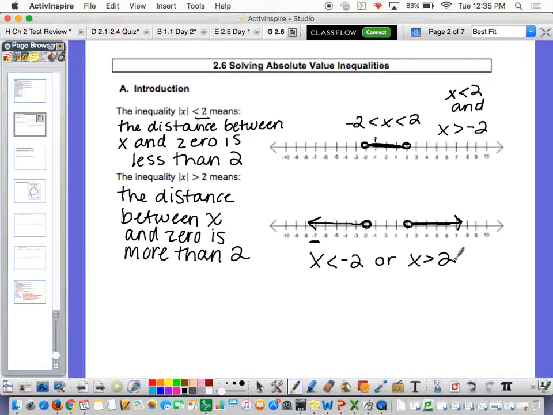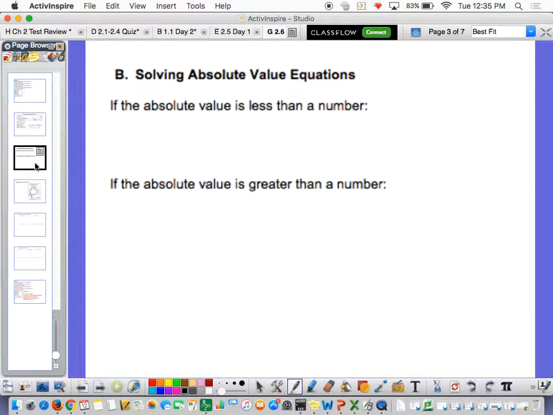Okay, so in general, we can summarize this way, okay? If you have an absolute value that's less than a number, so you have an absolute value, right? There's some stuff inside. We'll just make a star because I don't want to confuse you with a bunch of letters.